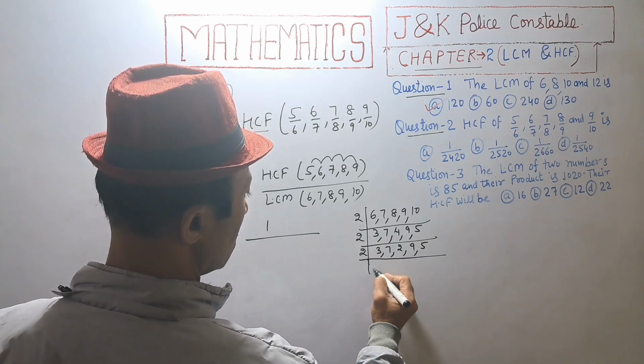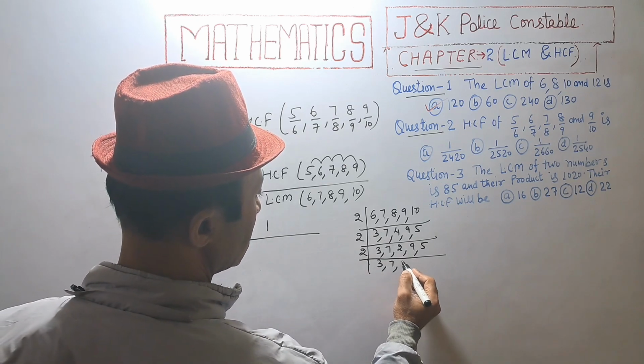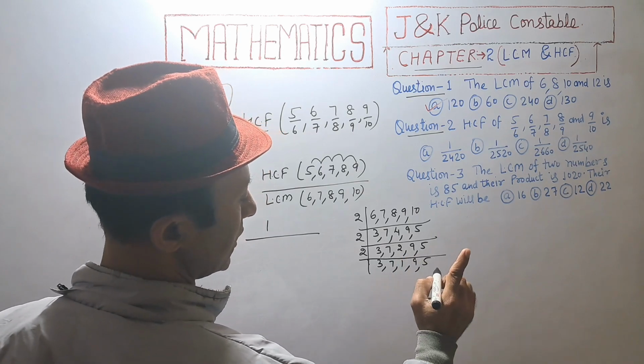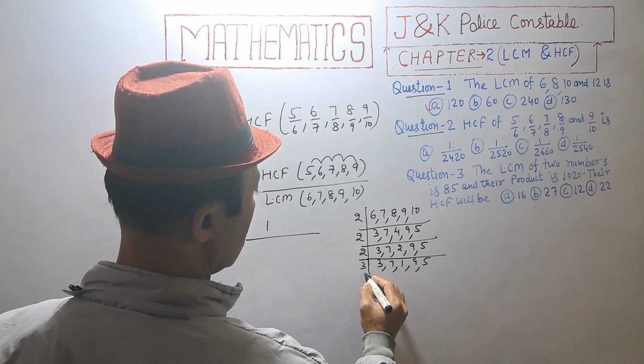Then 2, 3 as it is, 7 as it is, 2 1s are 2, 9 as it is, 5 as it is. Then 3.